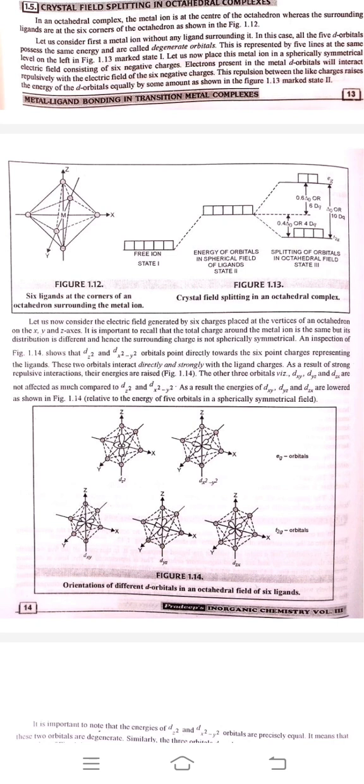Let's now place this metal ion in a spherically symmetrical electric field consisting of 6 negative charges. Electrons present in the metal d orbitals will interact repulsively with the electric field of the 6 negative charges. This repulsion between like charges raises the energy of the d orbitals equally by some amount.